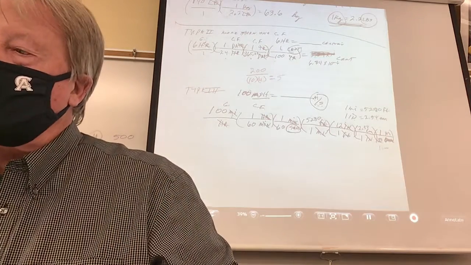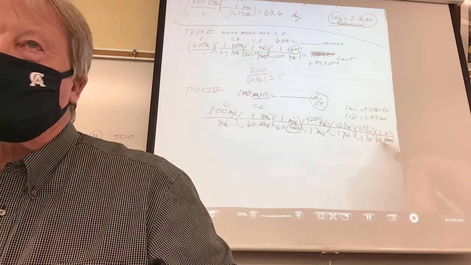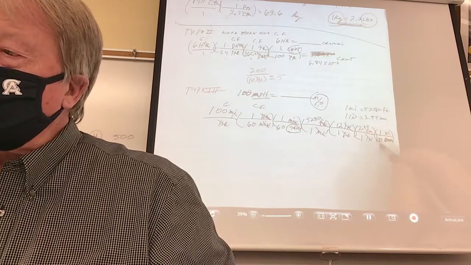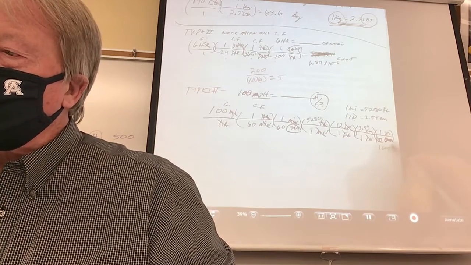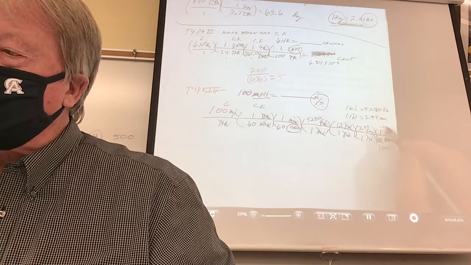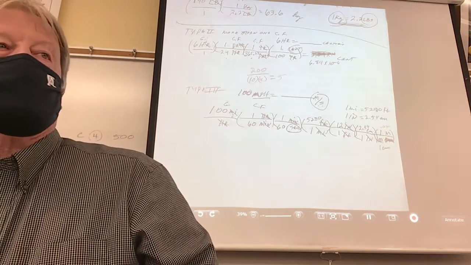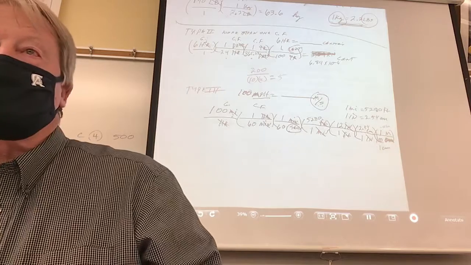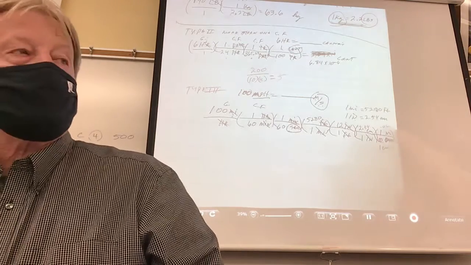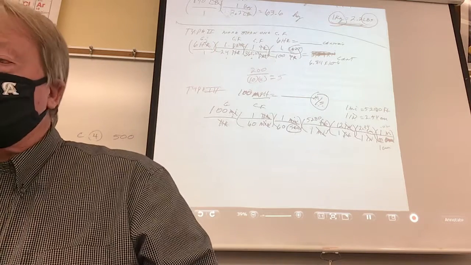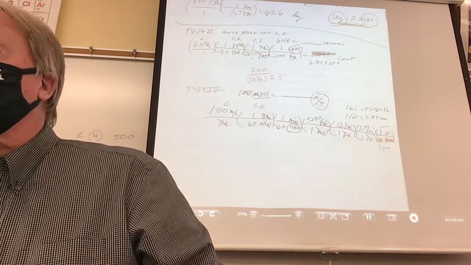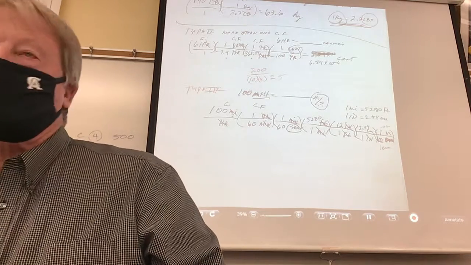If your brain likes to say 1 meter is 100 centimeters, then write it. If your brain says 1 centimeter is the same as 0.01 meters, then use that. You'll still get the same answer, I promise you. I just figured out some people's brains, this is comfortable to me, the other one's not so comfortable. Okay, now are you ready?